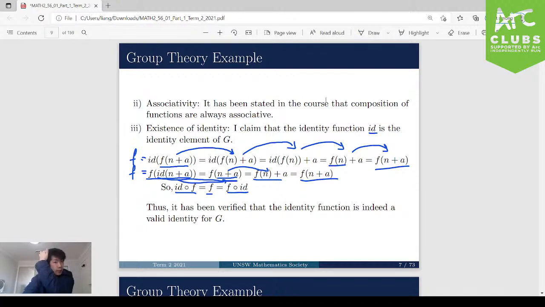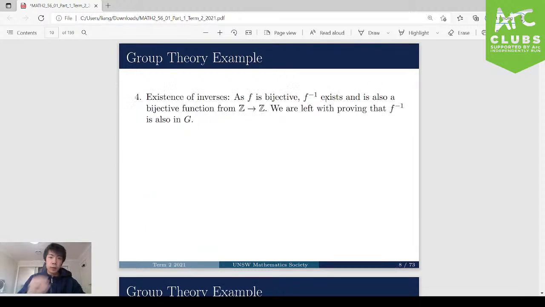Now the next part of this is after we have proved that an identity does exist, we have to prove that for every element there is an inverse such that it brings you back to this identity element. Okay. So number 4, existence of inverses. Firstly, as f is bijective, that means f inverse exists, because if f is bijective, it's 1 to 1, and so an inverse always exists.